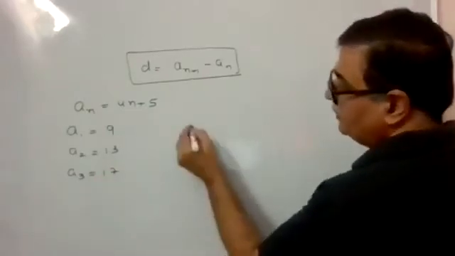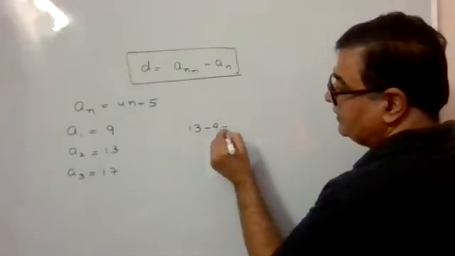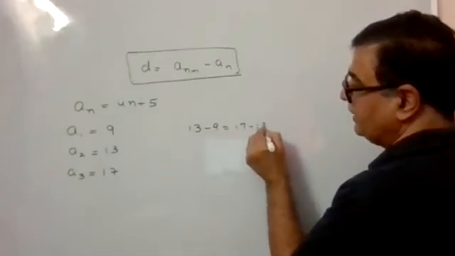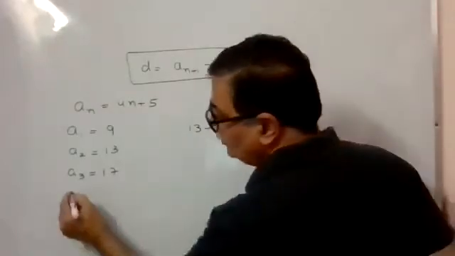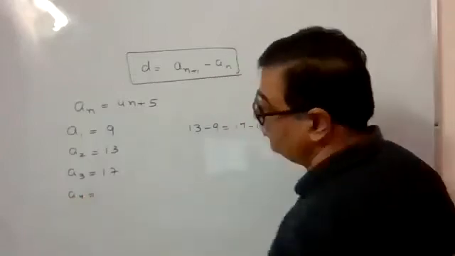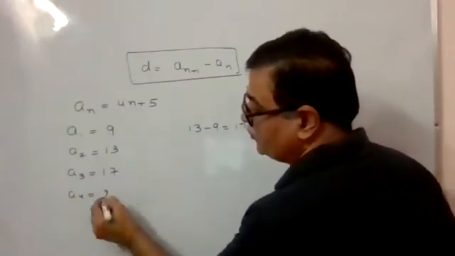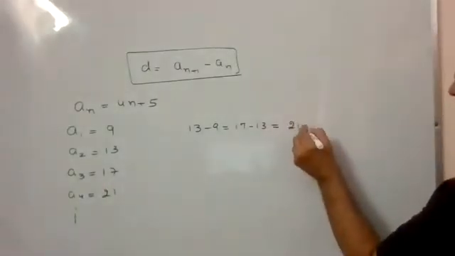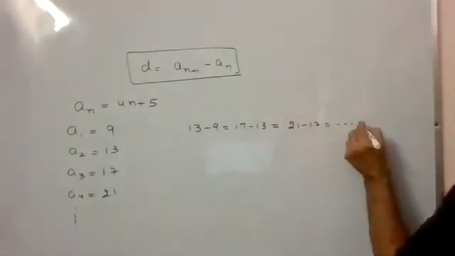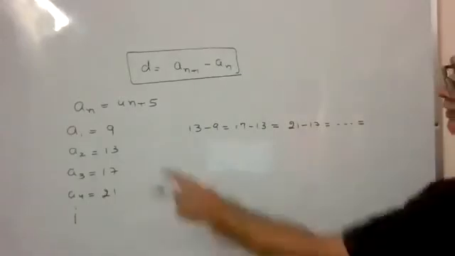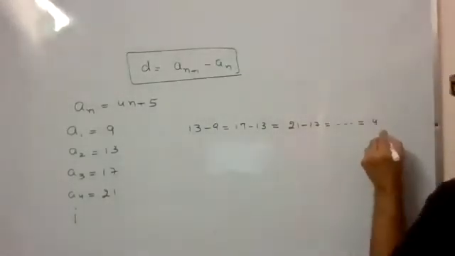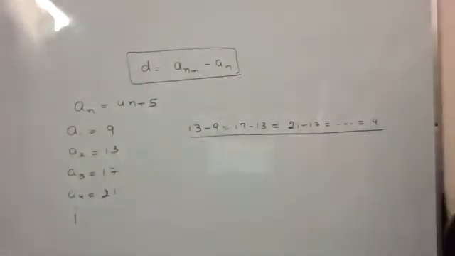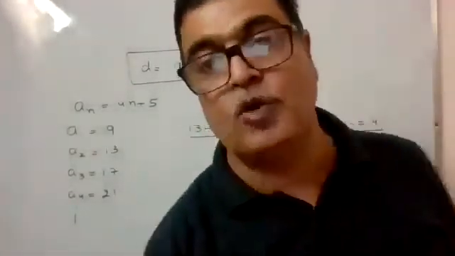Then you have 13 minus 9, 17 minus 13, and A4: 16 plus 5, 21, so 21 minus 17. All are coming equal to what? 4. Yes, we will say it is an AP. One option is this, which you have already done.